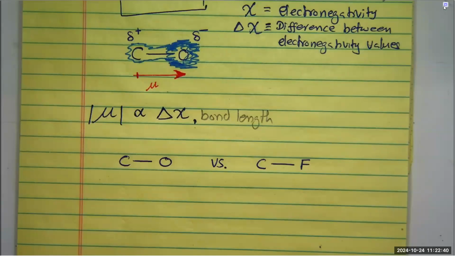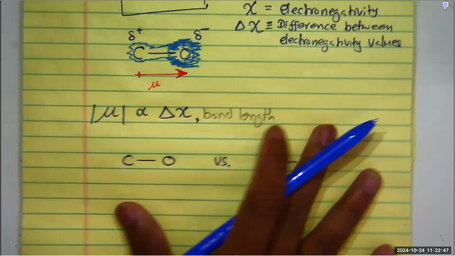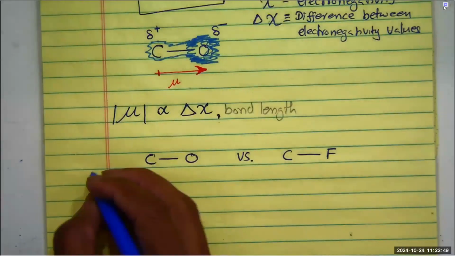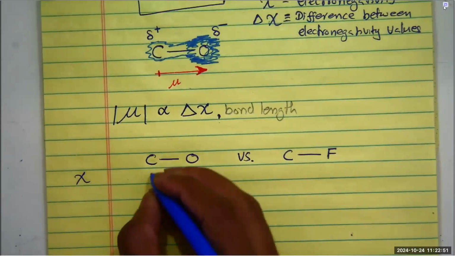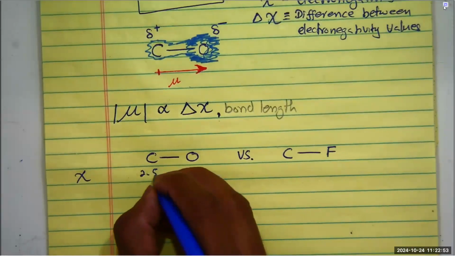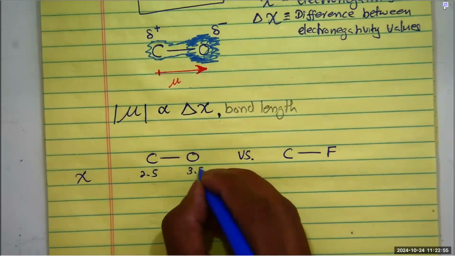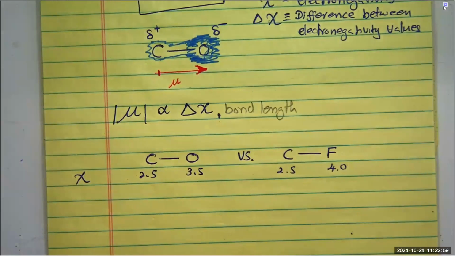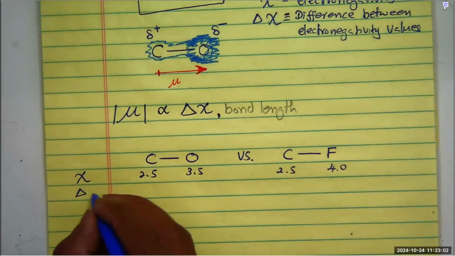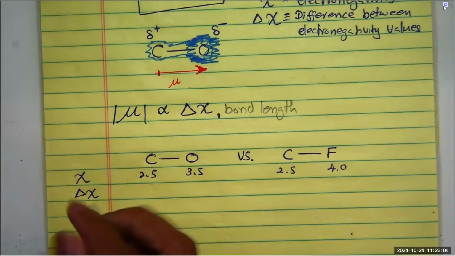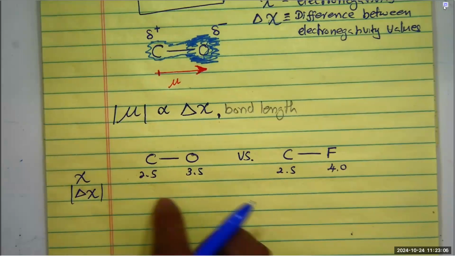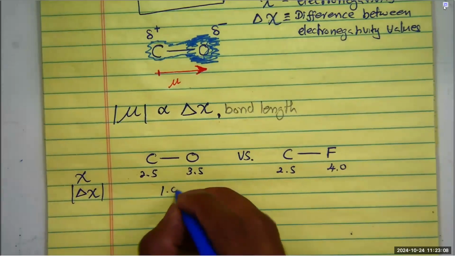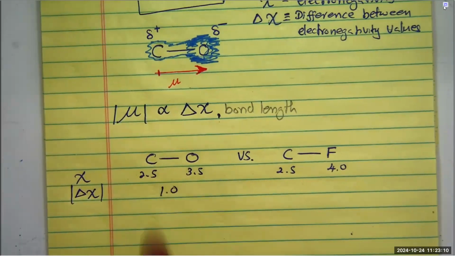Now here's how we did that. One more time, everybody. If we wrote the chi values or electronegativity values, carbon is 2.5, oxygen is 3.5, carbon is still 2.5, fluorine is 4.0. Therefore, delta chi or electronegativity difference, I only care about the absolute value, for CO bond is 1.0, 3.5 minus 2.5 is 1.0.